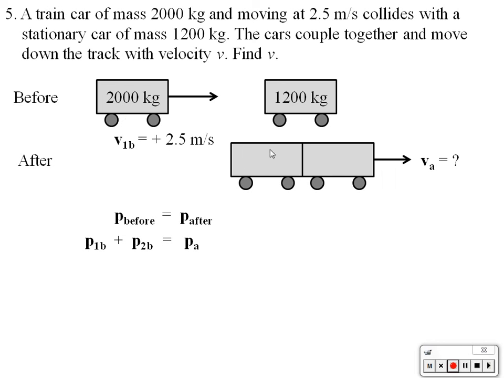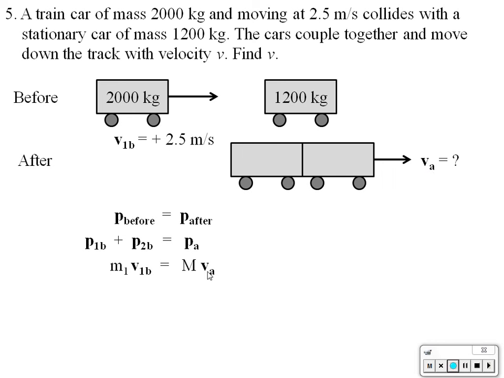The momentum after is the momentum of the coupled cars after they're stuck together. Now, the second car isn't moving, so I can drop out this second term before the collision. And the momentum of the first car is equal to its mass times its velocity. So m1 times v1b is equal to the momentum after the collision.